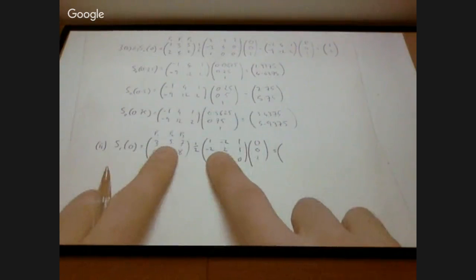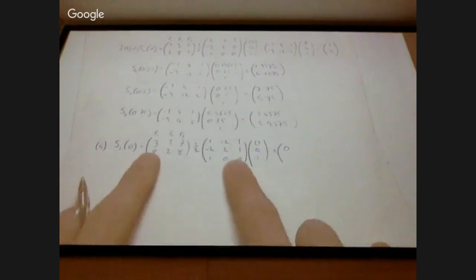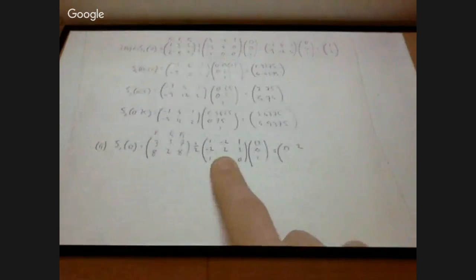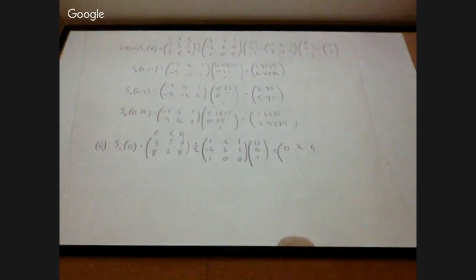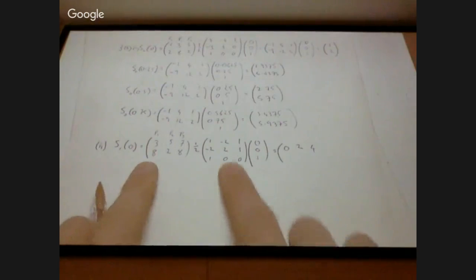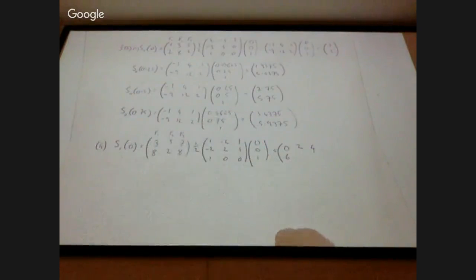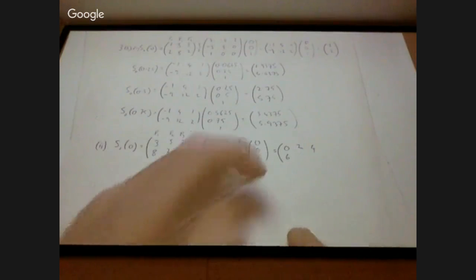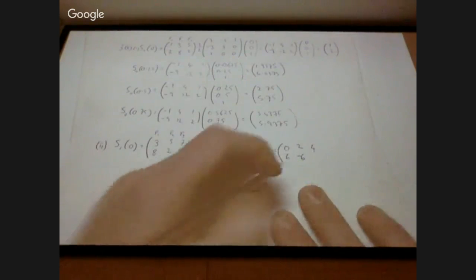We have 3 minus 10 is minus 7, plus 7 is 0. We have minus 6 plus 10, which is 4, but remember a half in it, that's 2. And 3 plus 5 is 8, but half is 4. On the bottom, 8 minus 4 is 4, plus 8 is 12. We halve it, gives us 6. Minus 16 plus 4 is minus 12. Halve that, minus 6. And finally, 8 plus 2 is 10. Halve it, gives us 5.